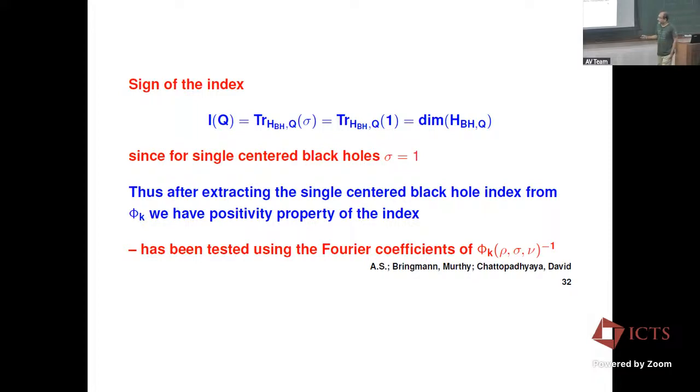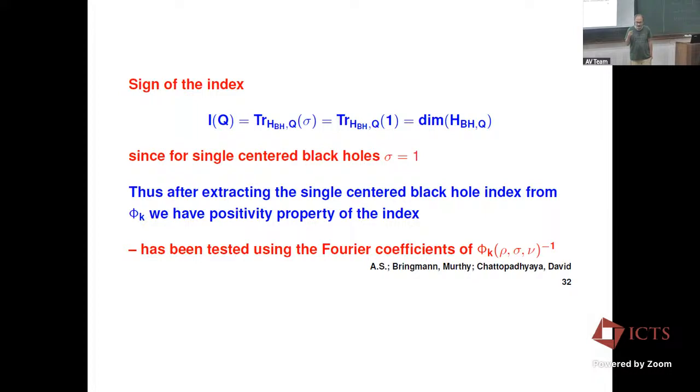So this has been checked in many cases. This has not been proven, because we don't know how to subtract the single-centered black hole in all cases. But numerically, it has been tested for a wide class of charges. For a special class of charges, this has been proved by Brinkmann and Murthy. In fact, the special case is when one of the charges, say Q1, and Q2 are fixed.